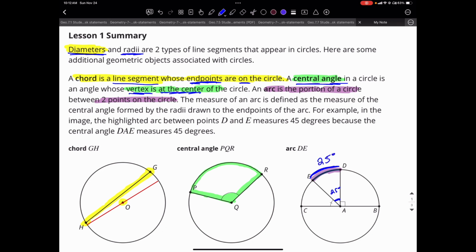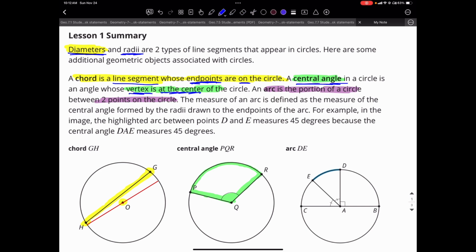But that is only the case when it's a central angle, when it's an angle whose vertex is at the center. There's going to be exceptions when the angle is not at the center, and that's one of the things we're going to talk about, right? Actually, I'm just realizing that the example they give here in the lesson summary is a 45 degree, right?